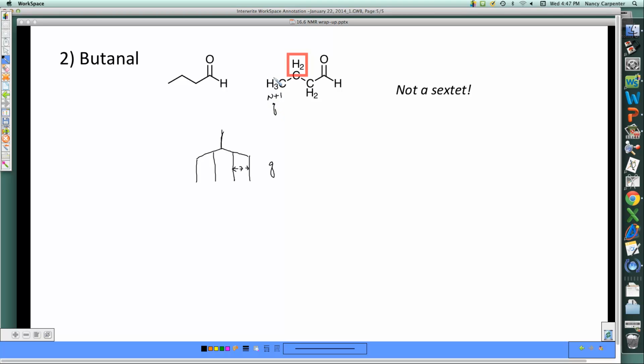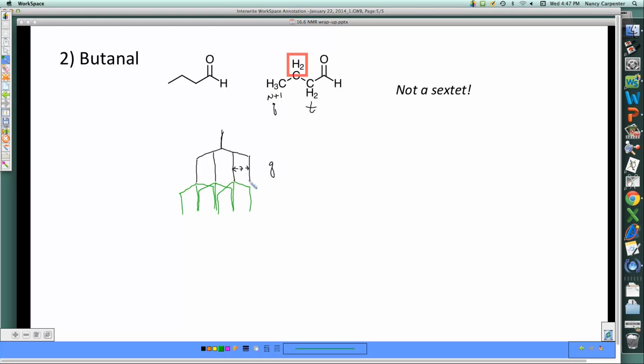So n+1 here is going to split into a quartet, n+1 here is going to split into a triplet. So we'll color code this. And again, it should be about 7 Hertz because it's vicinal coupling. It's next door neighbor coupling. So when we do this and draw our tree diagram, we see that they overlap.